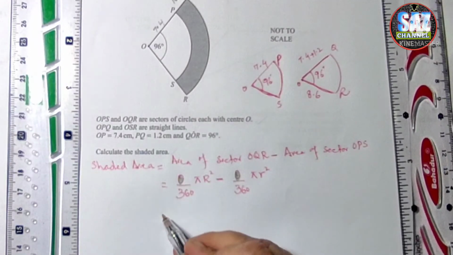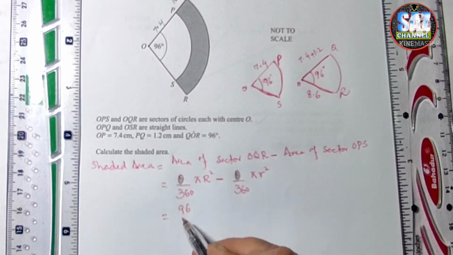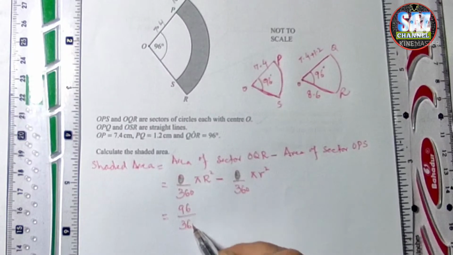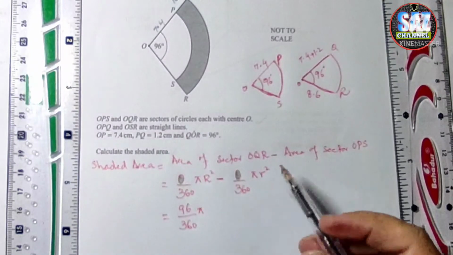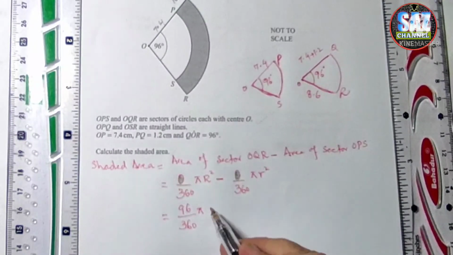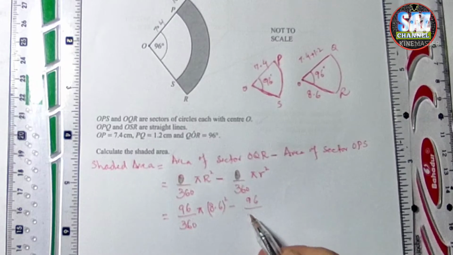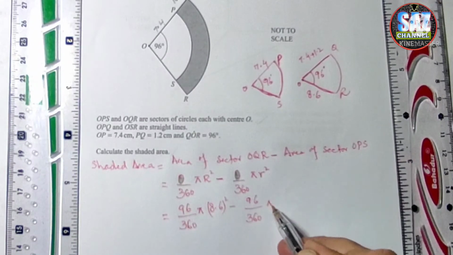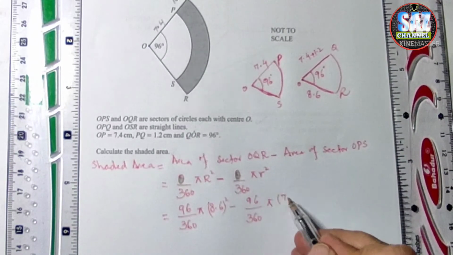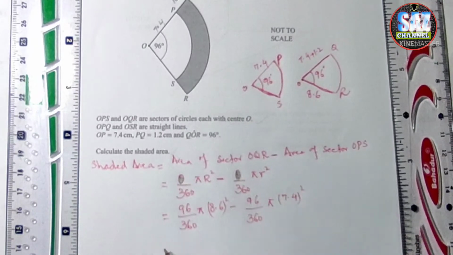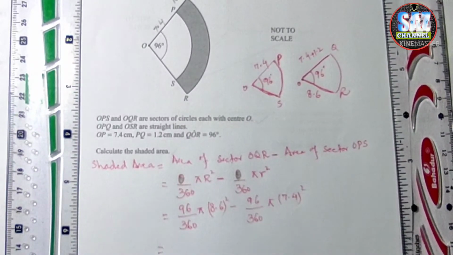And the value of theta is 96 by 360 into pi, and the big radius is 8.6 square, minus 96 upon 360 multiplied by pi, and the smaller radius is 7.4 square. Learn to make your calculation easy.